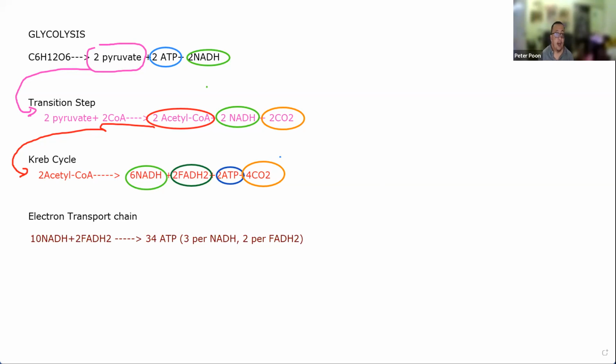Okay, so now let's count the total number of ATP. Again, I want you guys to know the inputs and outputs, so like everything on this page. So let's count total number of ATP. Okay, so 2, 4, 38, right? 38 total.